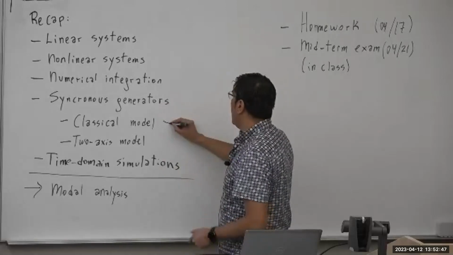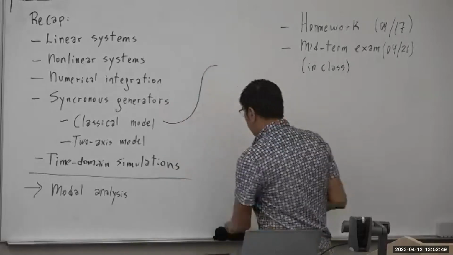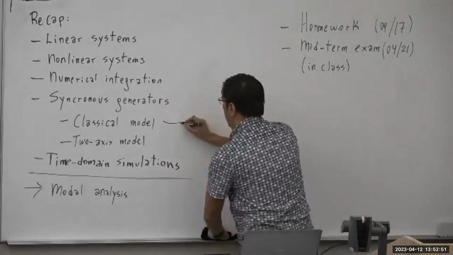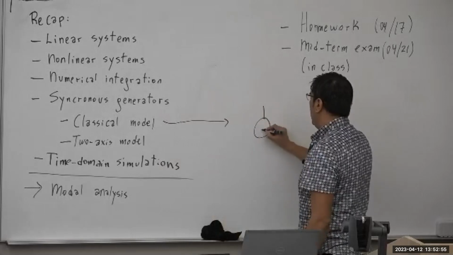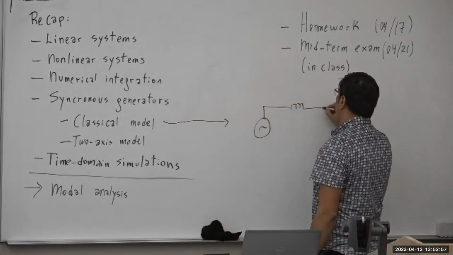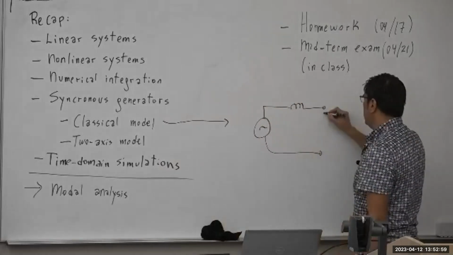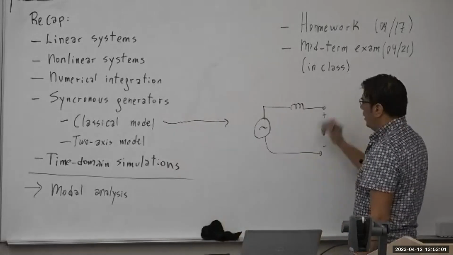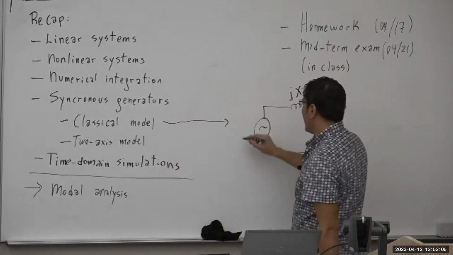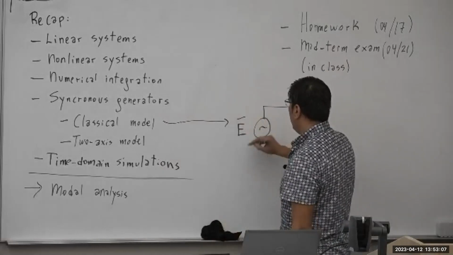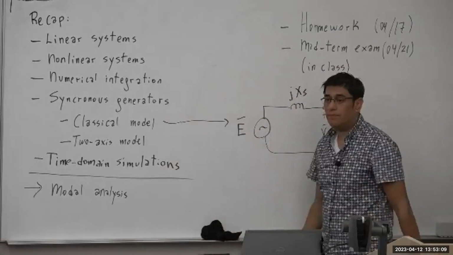And I need to give a clarification because I didn't specify the model. So for the model we study, we consider a voltage at the terminal, we consider a synchronous reactance, and we consider an internal voltage.